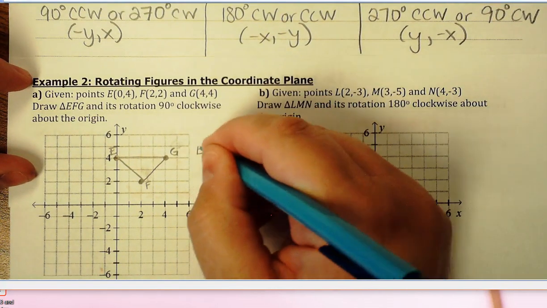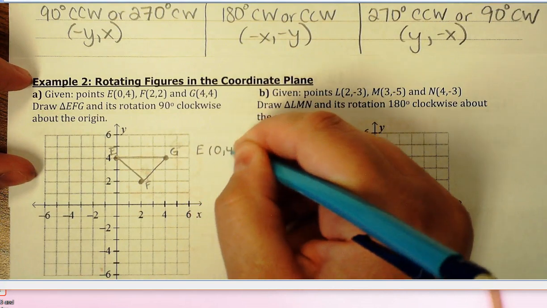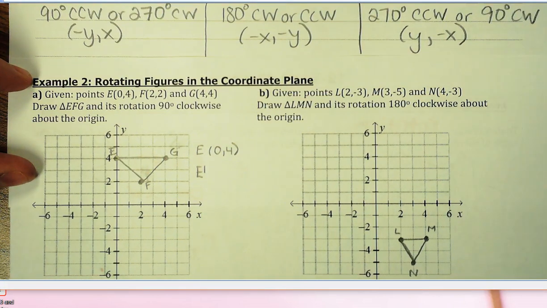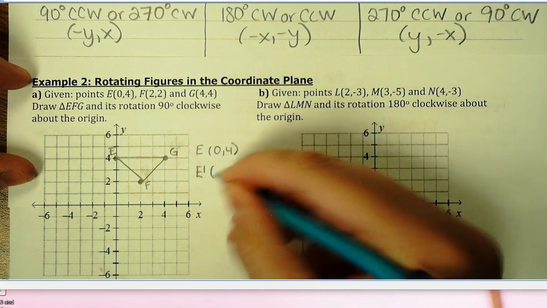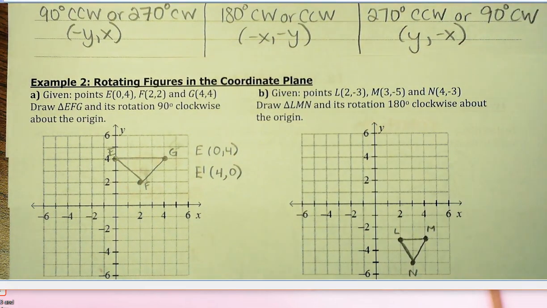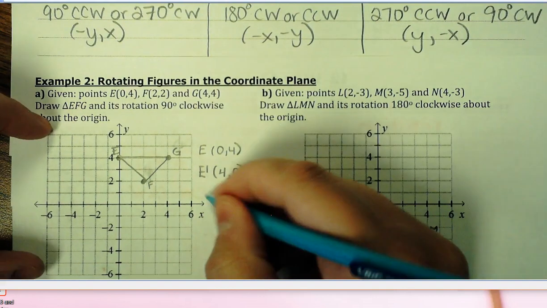All right, so the point E is (0, 4). So E prime with a rotation 90 degrees clockwise is going to become (4, 0). Now, the x-coordinate 0, I can't do an opposite. 0 is its own opposite, so that's just what we're going to put.